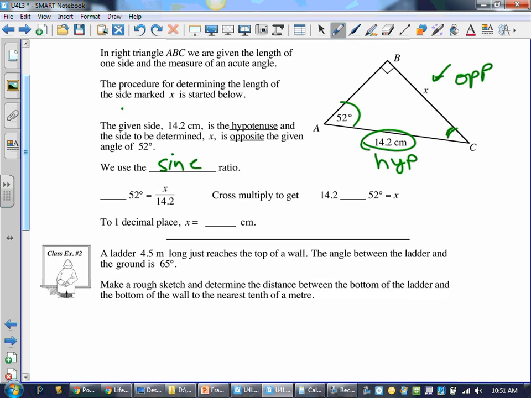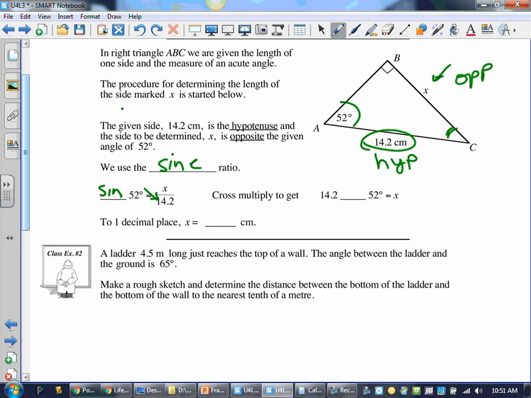We're going to say the sine of 52 is opposite, which is x, over 14.2. At this moment, sine of 52 is just a number on your calculator. You can literally type in, I will right now, sine of 52. When I'm in degrees, I have 0.7880. So we're going to take that and we're going to cross multiply right down here like this.